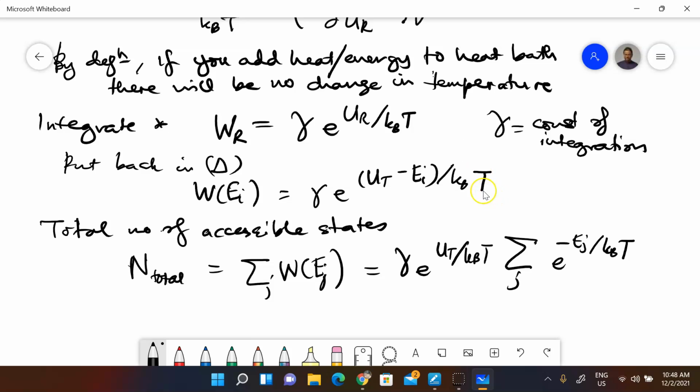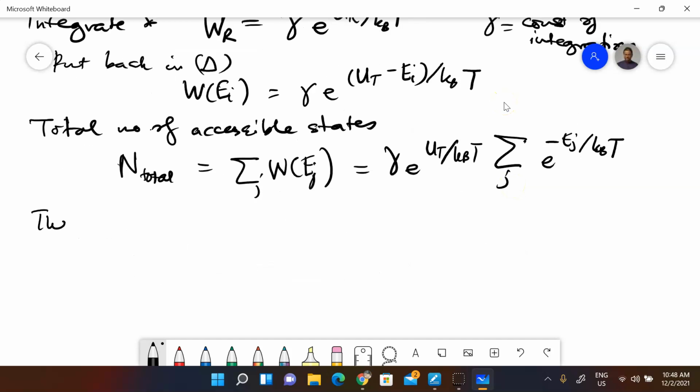So if you relate this again to the relative frequency of this particular energy state, then P_i equals W(E_i) divided by the sum over j of W(E_j).